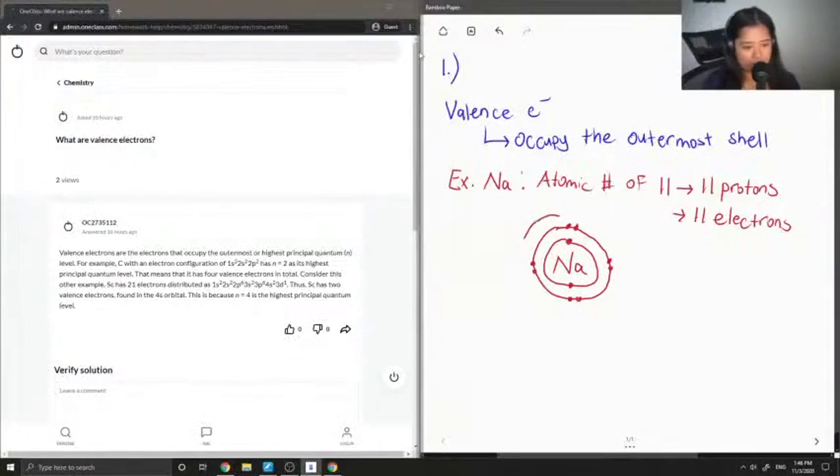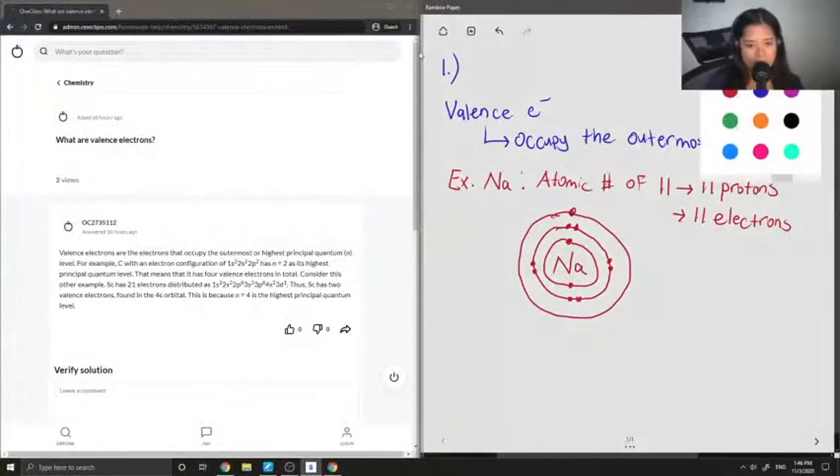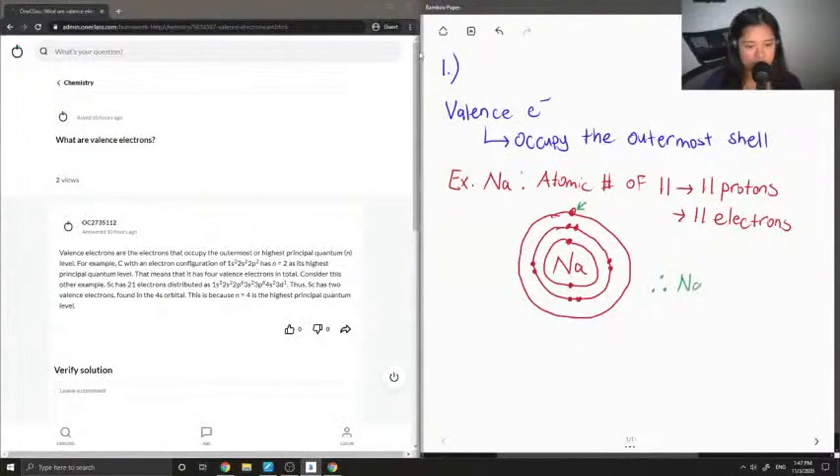So we need one more. 11. So here I drew out 11 electrons for sodium. And if you look, it only has one valence electron. That's an easy way to find out how many valence electrons you have.